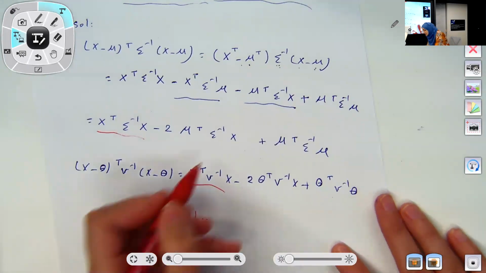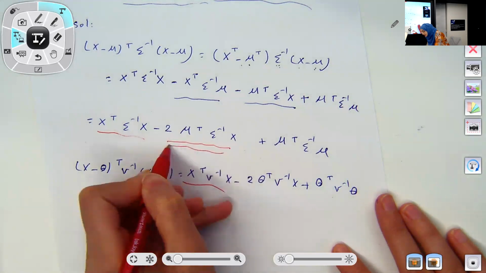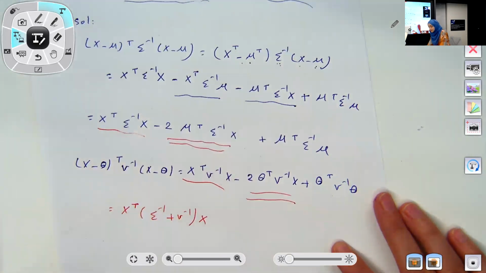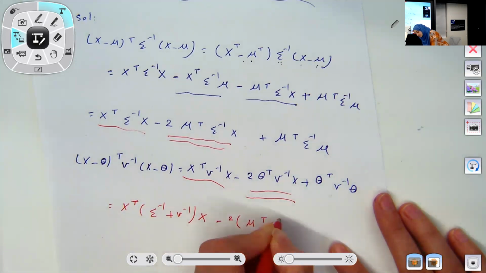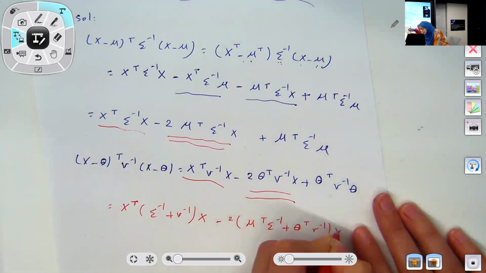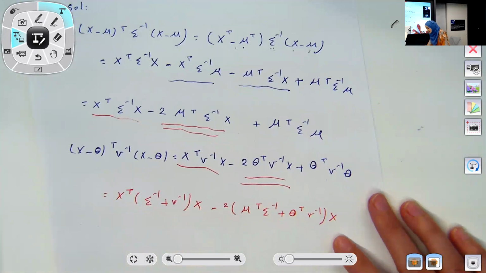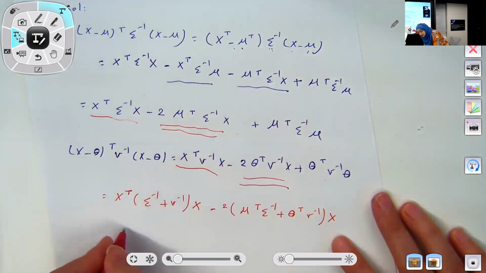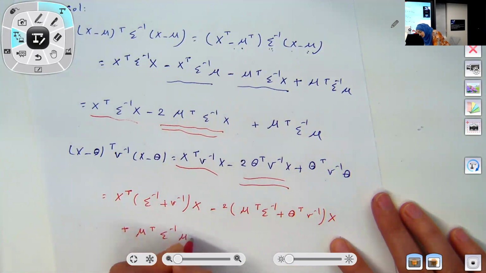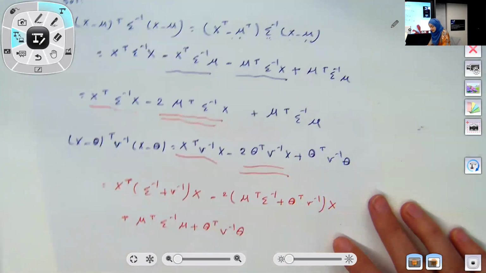And if you look at this item, you can add this one plus this one together. We can write it as minus 2 multiplied with (mu transpose sigma inverse plus theta transpose V inverse), and all of it multiplied with x, plus the third item, which we keep the same: mu transpose sigma inverse mu plus theta transpose V inverse theta.